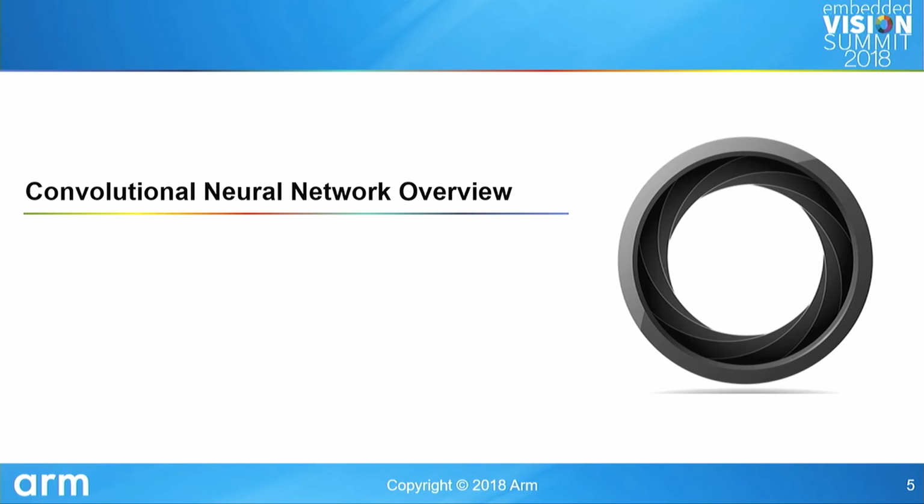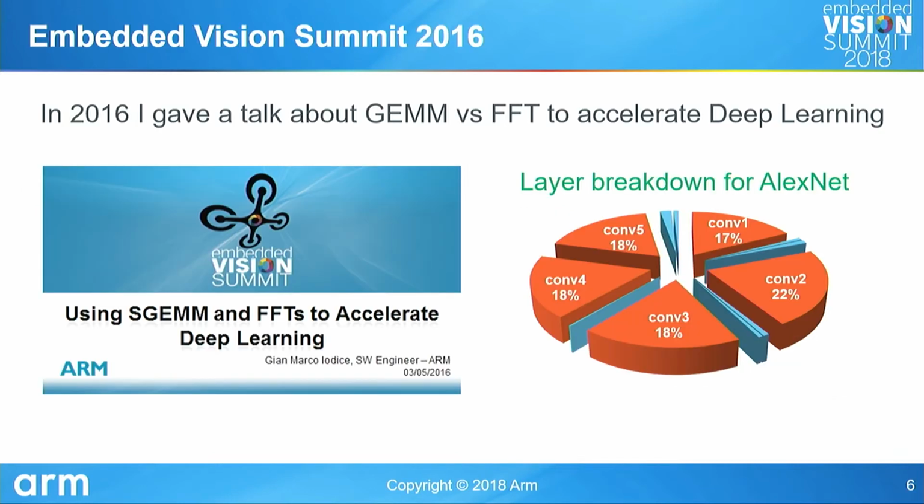So let's do the kickoff, and let's talk about convolutional neural networks. And I like to start from where I finished last time, because 2 years ago, I was here at Embedded Vision Summit, and I talked about 2 approaches for implementing a convolution layer. One based on the fast Fourier transform, and one based on the matrix multiplication.